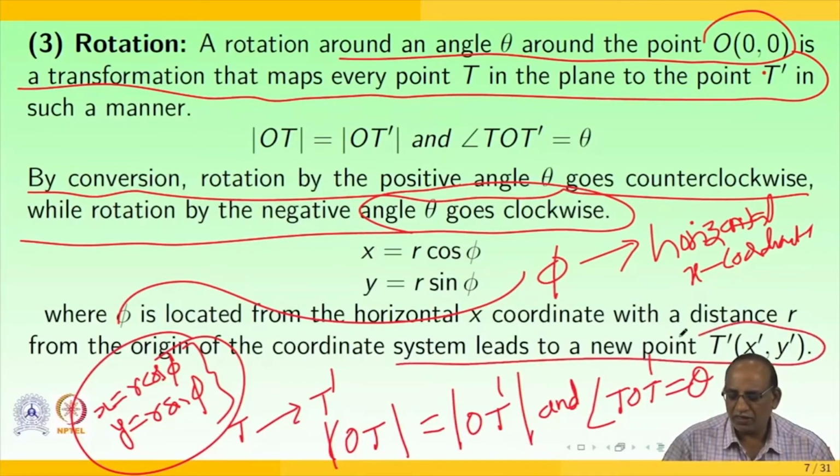A rotation leads to a new point, that is T prime, with coordinates x prime, y prime.